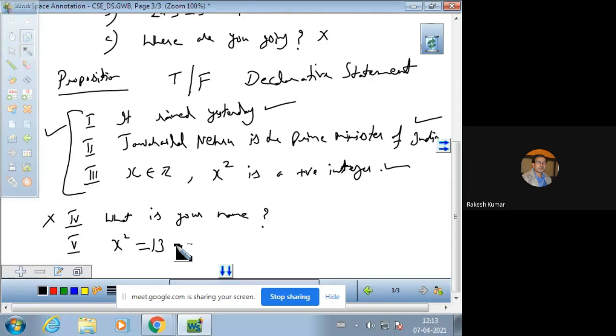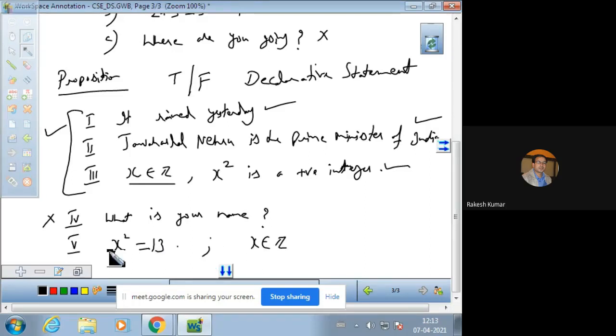This is not possible. How is it not possible? Because the square of x comes out to be 13, but x will not be an integer. We are taking the example from the integers point of view. We are also saying that x is an integer.